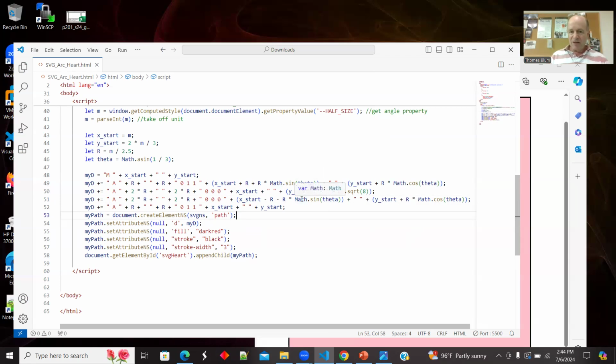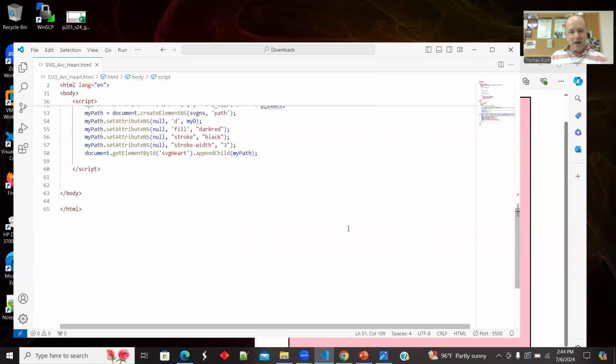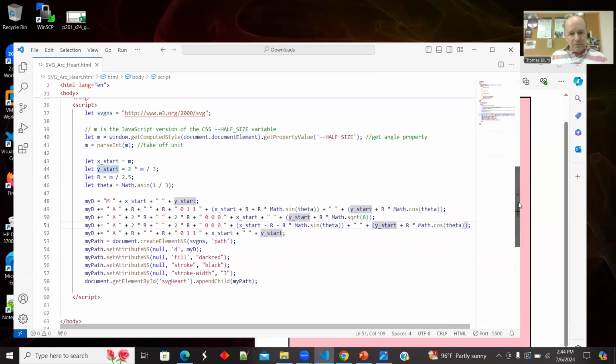So I'm on the other side horizontally, and I'm at the same level vertically. And then one final arc of the small circle, getting me back to the starting X and starting Y. And I add my path.